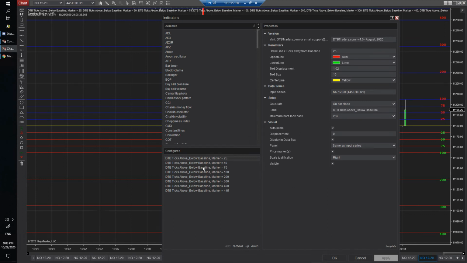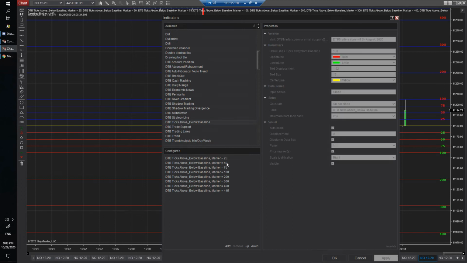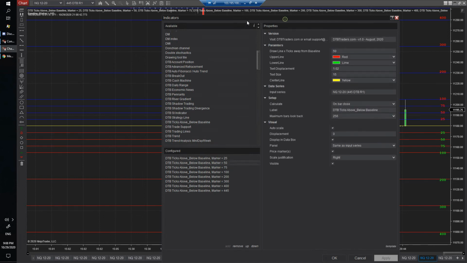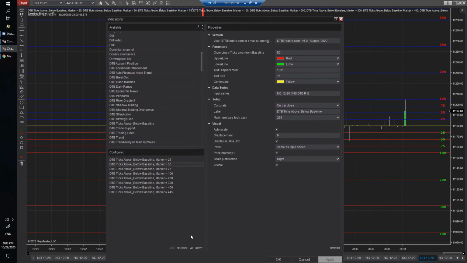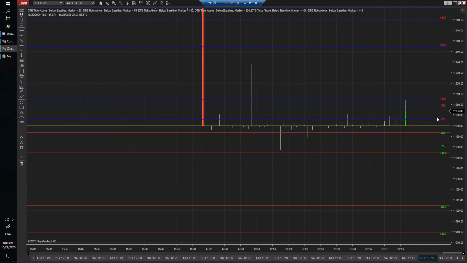So these again are totally customizable. You can add multiple instances of this indicator, and if you want to remove some of the lines, you can do that. If you don't want the 50 line, you can remove that. If you don't want the 200 line, you can remove that. And what that'll do is it'll only plot the ones that you actually choose to have on your chart.